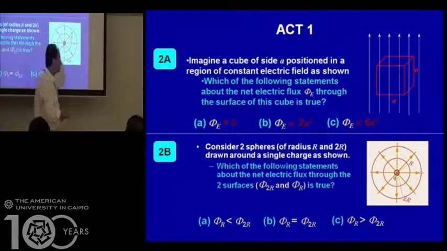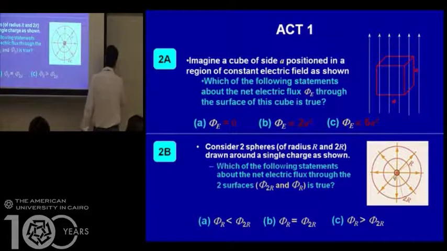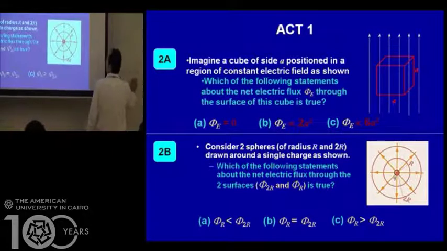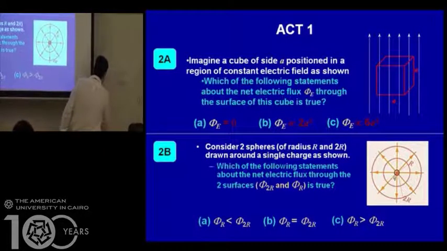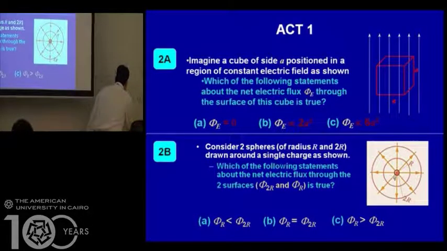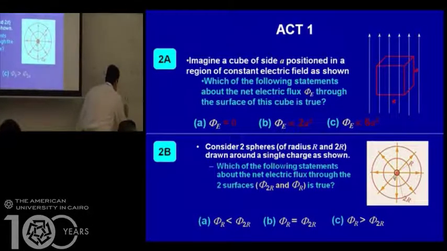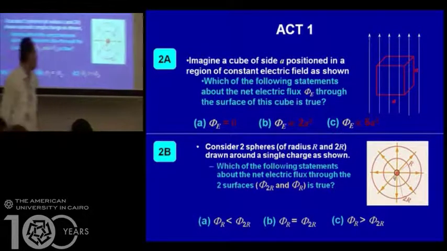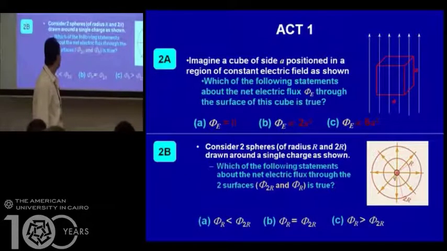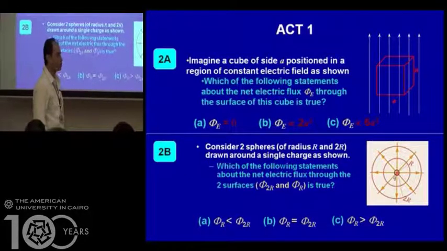So E1 is going to equal KQ over R squared. Phi 1 equals KQ over R squared times the area. Area of a sphere: 4 pi R squared.